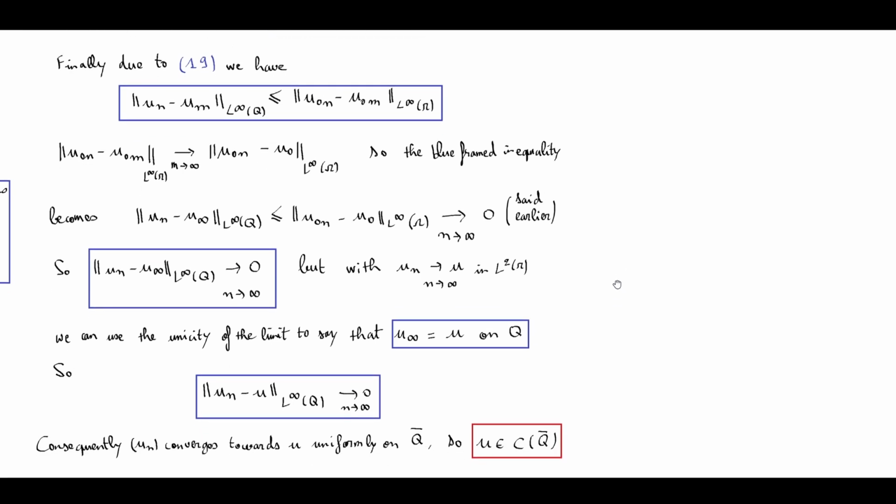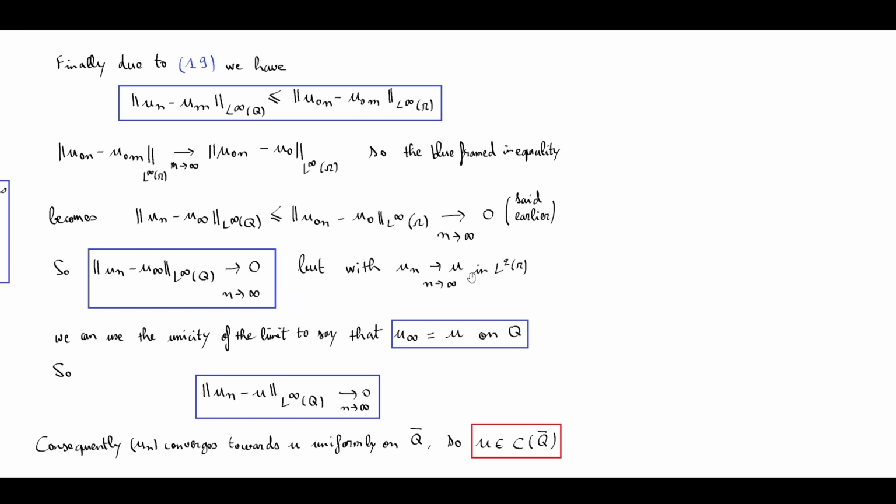And so we deduce that the L infinity norm on Q of un minus u infinity tends to 0 when n goes to infinity.